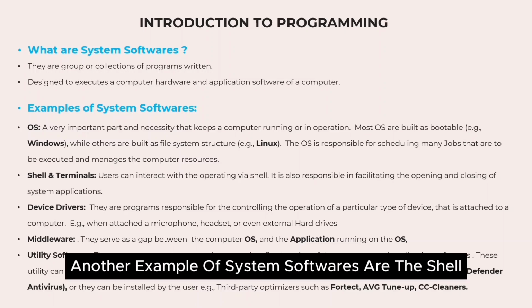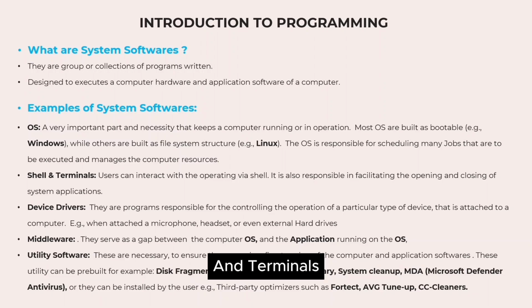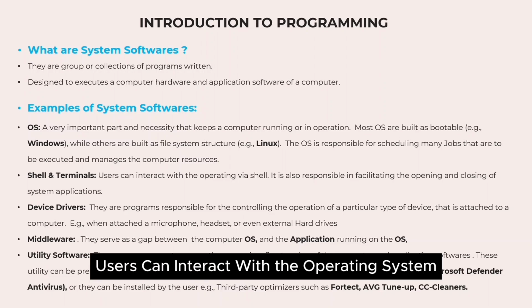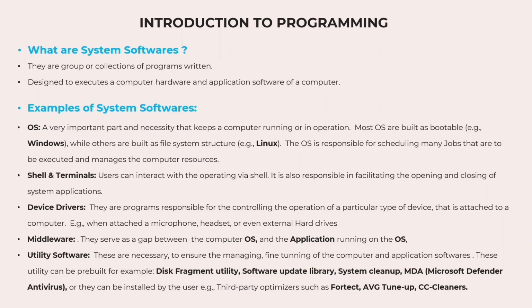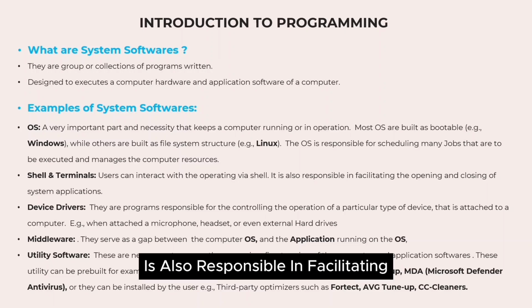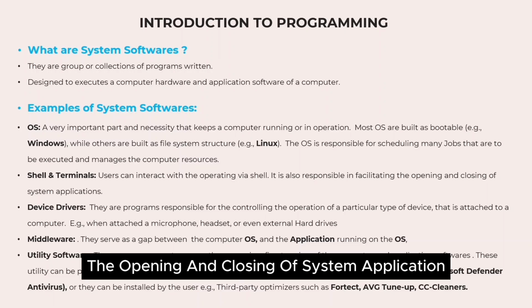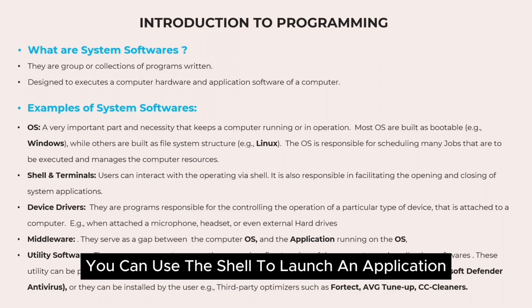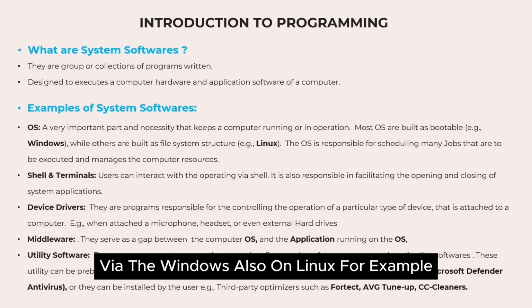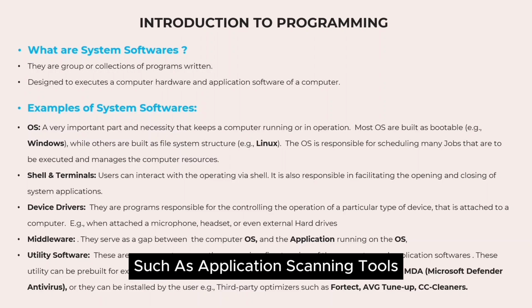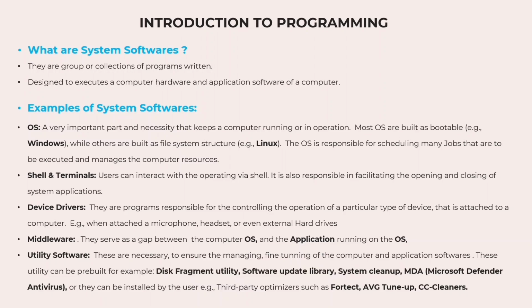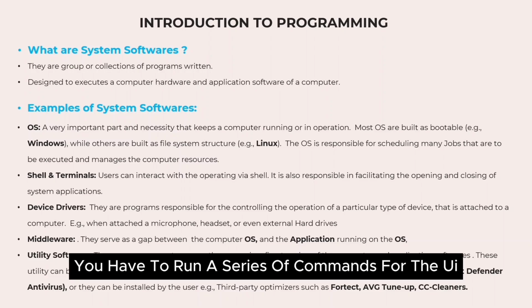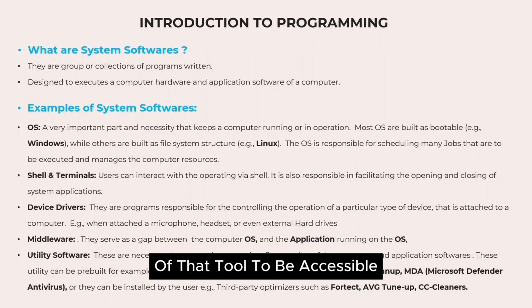Another example of system software is the shell and terminals. Users can interact with the operating system via the shell. The shell is also responsible for facilitating the opening and closing of system applications. For example, you can use the shell to launch an application on Windows. Also on Linux, for example, if you install a tool such as an application scanning tool or vulnerability scanning tool, you have to run a series of commands for the UI of that tool to be accessible.